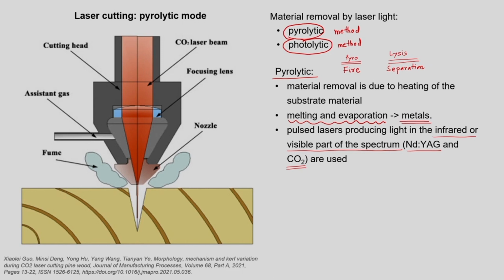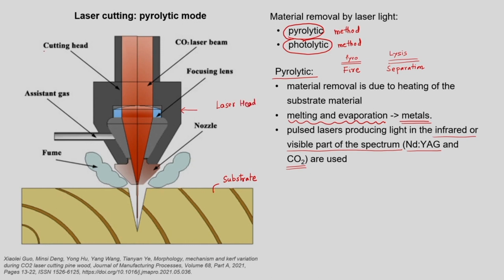On your screen you can see a typical arrangement of laser cutting. Here we have a substrate and there is a laser head, the entire assembly of the laser head.